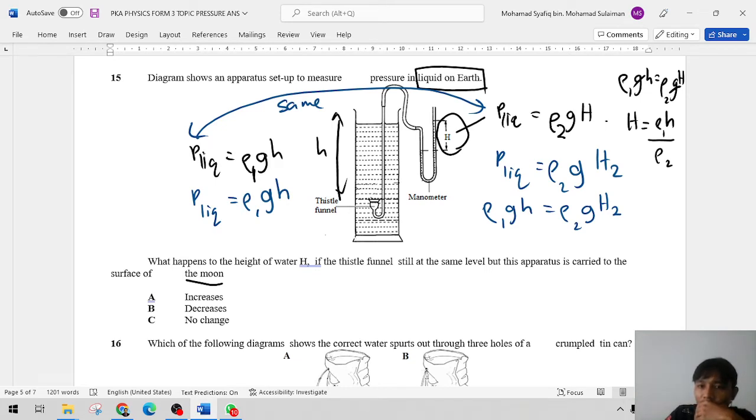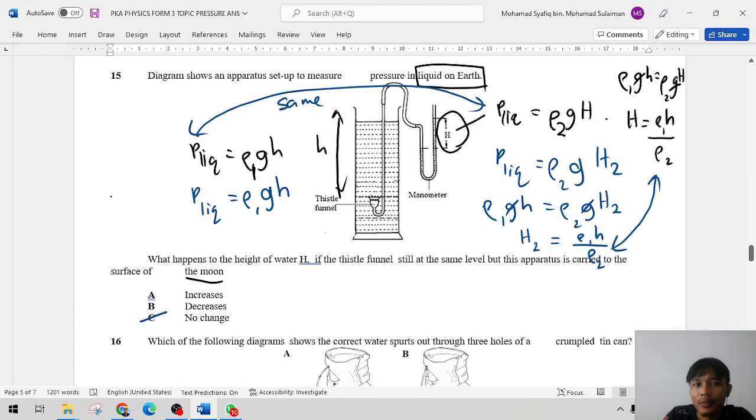So we find that H2 is also equal to rho 1 same depth over rho 2, so same value, so there is no change of the depth. Okay, you can repeat this one or you can contact me if you want a slower version of explanation, for example.